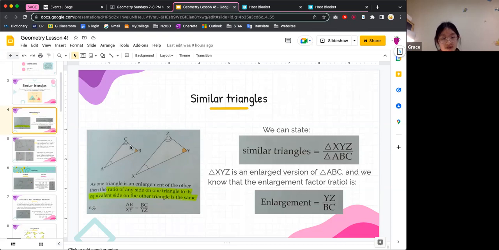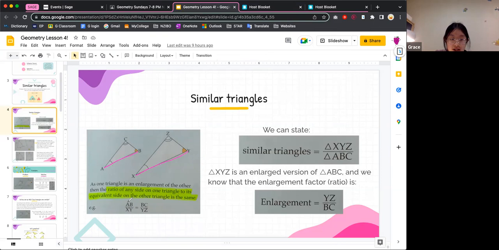So if we have, for example, the side AB and XY, they're equivalent to each other. You can see how they're in the same position.